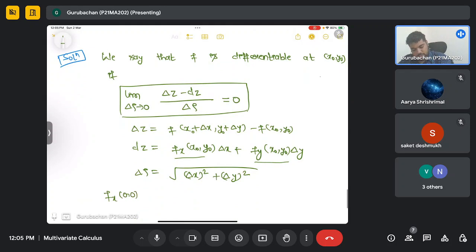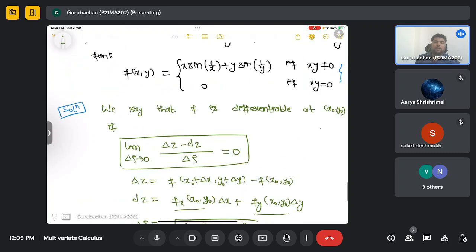Since our function is breaking, we will apply the limiting definition to calculate it. It is f of 0 plus h comma 0 minus f of 0, 0 divided by h. Now tell me which definition we should apply.